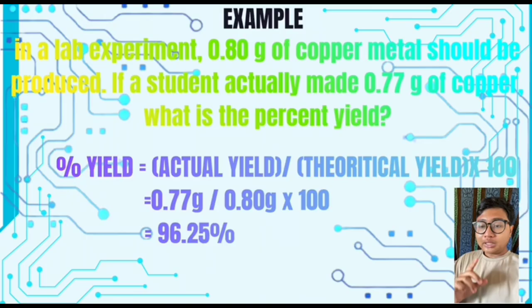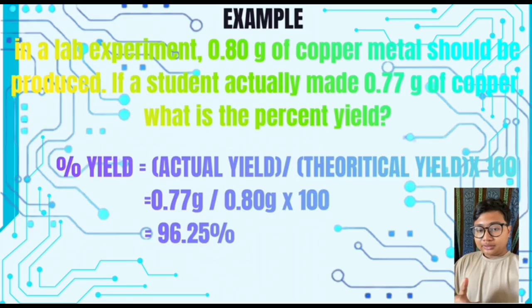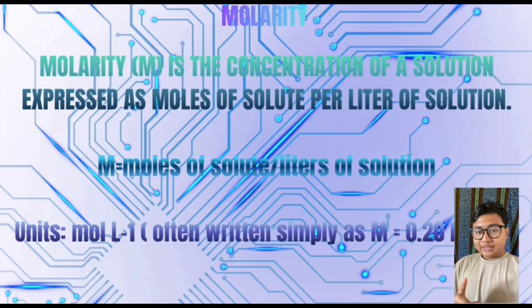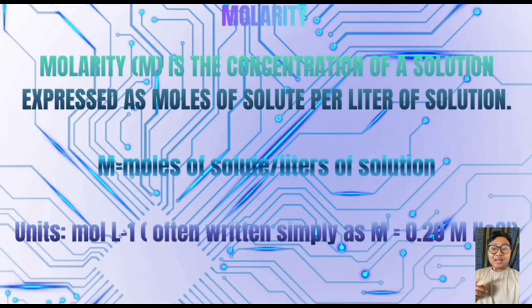Then, we put in those numbers, which is 0.77 gram over 0.8 gram multiplied by 100. And then, we work it out and get 96.25%. Finally, molarity is the concentration of a solution expressed as moles of solute per liter of solution.